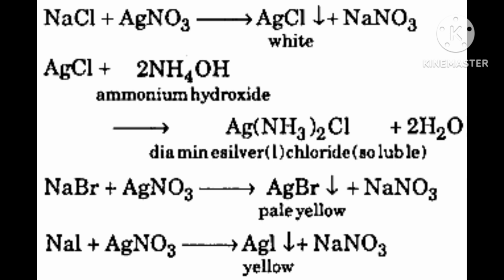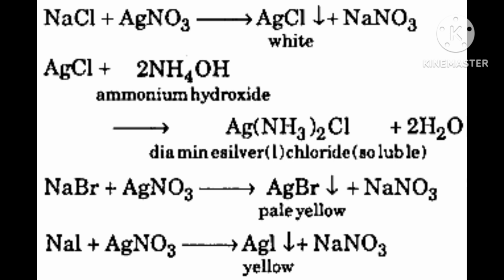And if the precipitate is yellow and sparingly soluble in ammonium hydroxide, not fully soluble, very less soluble, then it shows the presence of bromine.